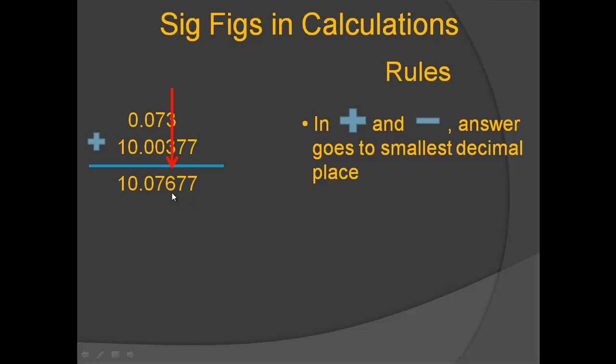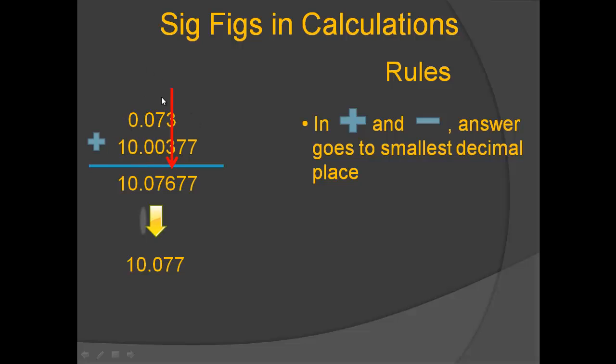You can only report it to the least number of decimal places, which happens to be this number right here. So you would have to round, and if we round it, it would be equal to 10.077.